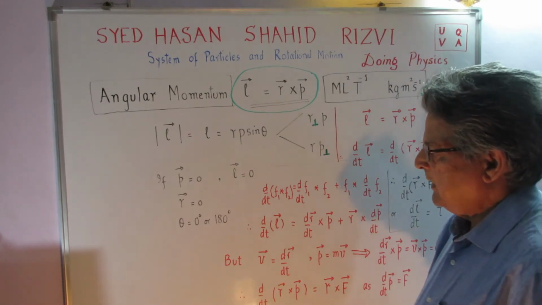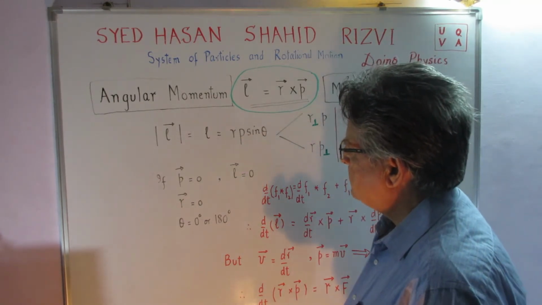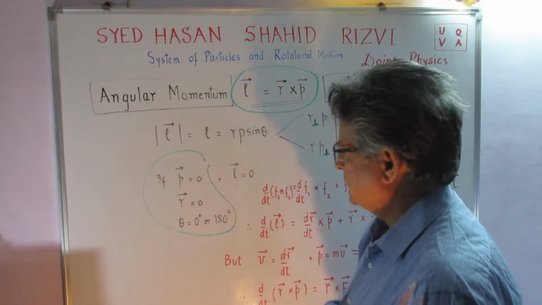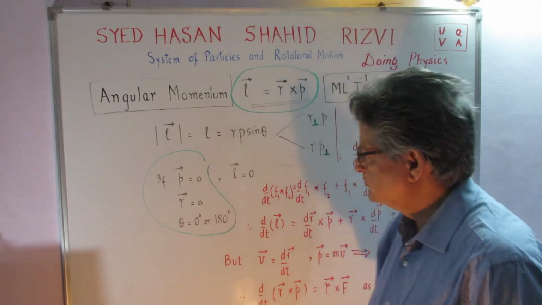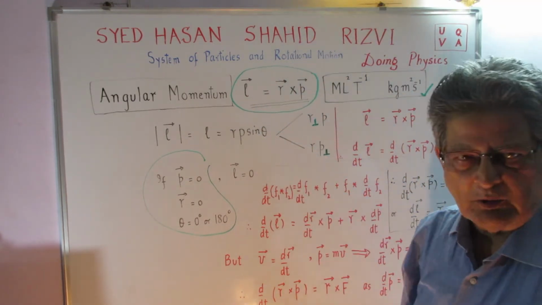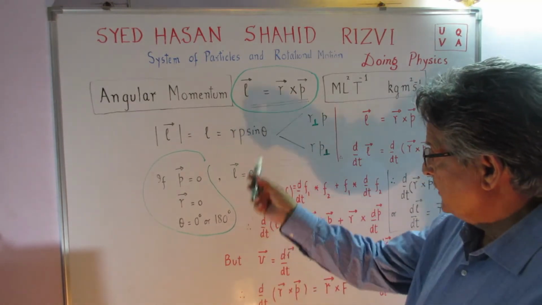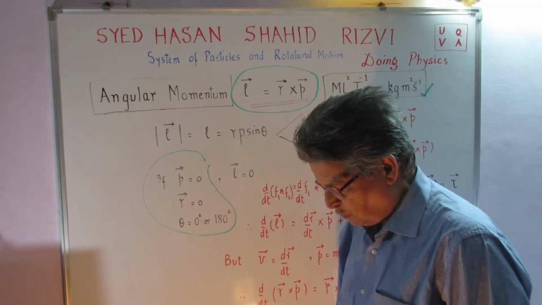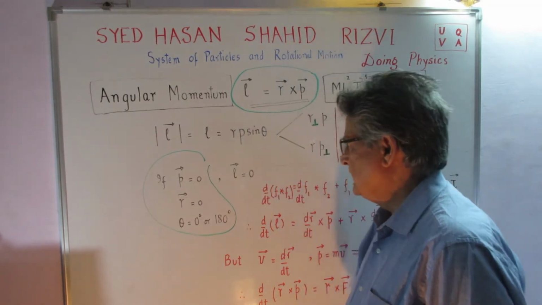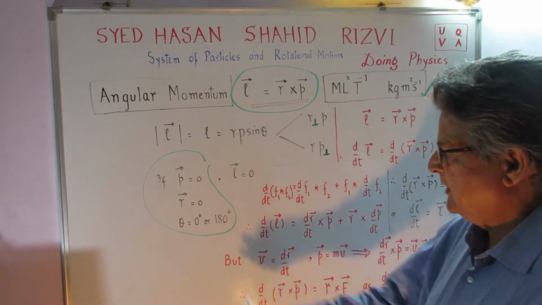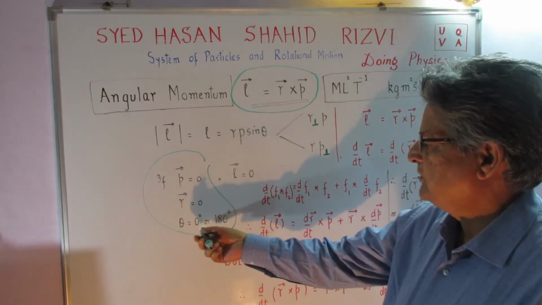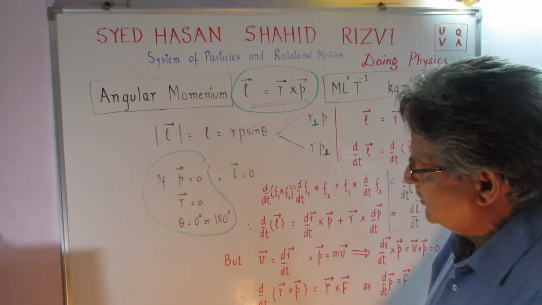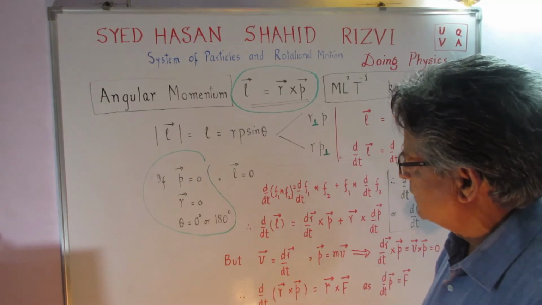Now, if these are the conditions that exist, if P is equal to 0, of course this will be equal to 0. If R is equal to 0, then this will be equal to 0. And if neither of the two is equal to 0, but the angle between the two is 0 degrees or 180 degrees, then sine of 0 degrees is equal to 0 and sine of 180 degrees is also equal to 0.